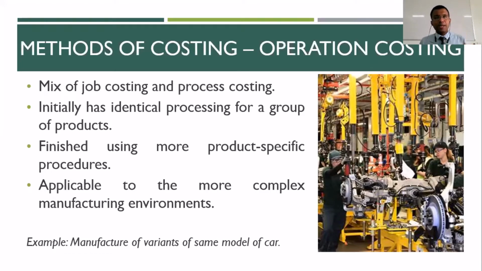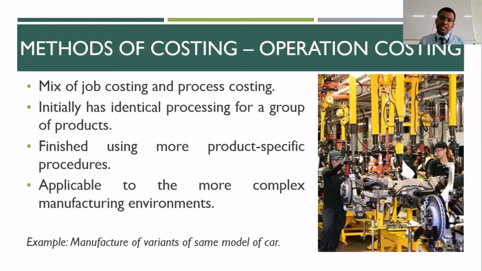Now, let's pick up a car, let's say, Maruti Swift. If you look at Maruti Swift, the dimension of the car is the same: the height, the length, the breadth, the frame, the chassis, etc. All this would be the same.